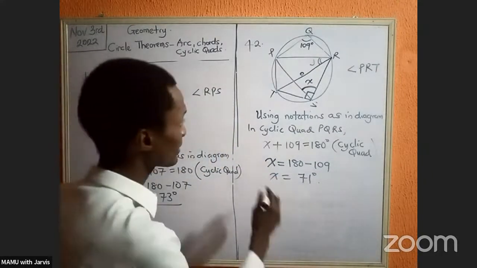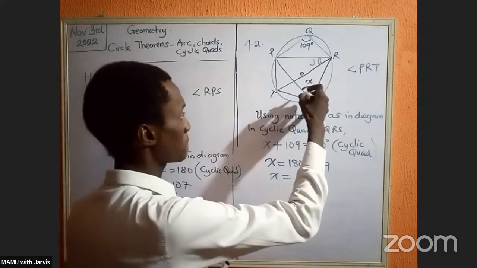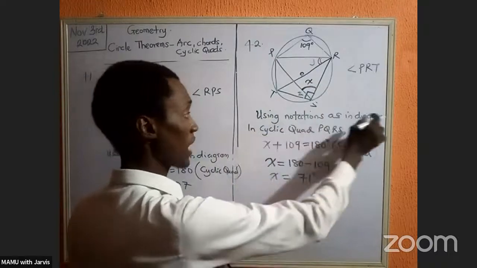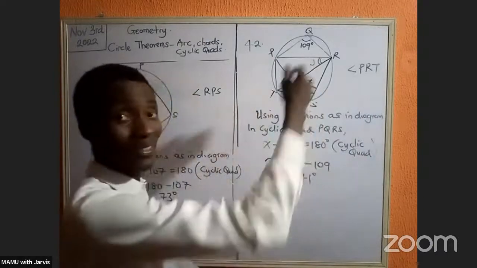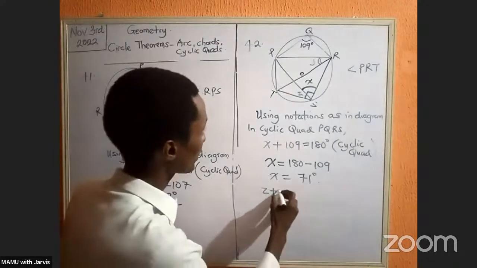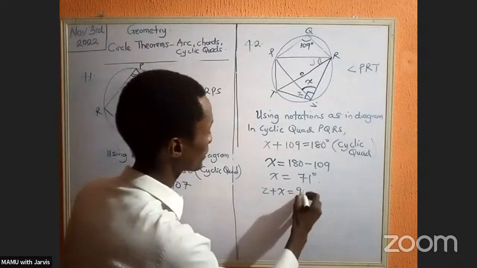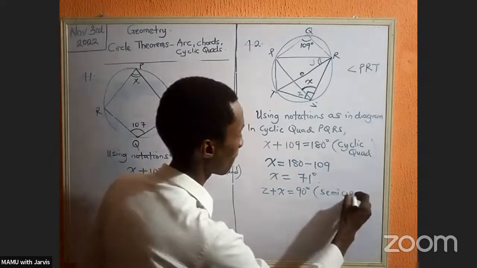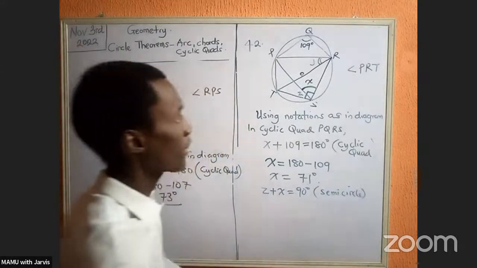But remember, let me call here Z now. Because I've said using notation as in the diagram, any letter, I can begin to put letters to help my work. Now, Z plus X is equal to 90 degrees. What's the reason for that? Semicircle. How is it semicircle?